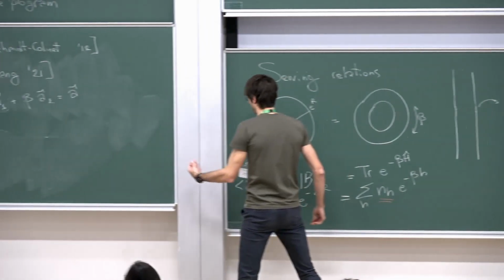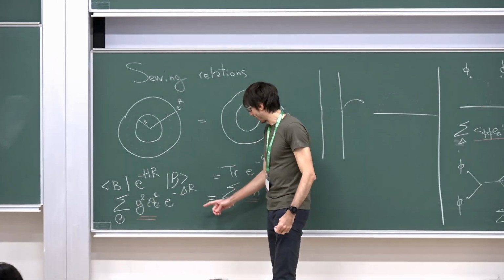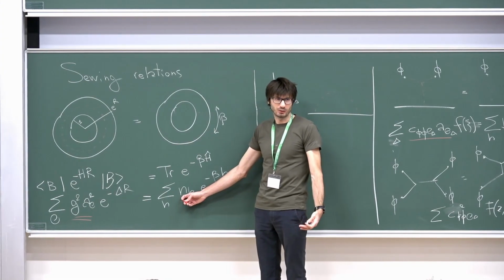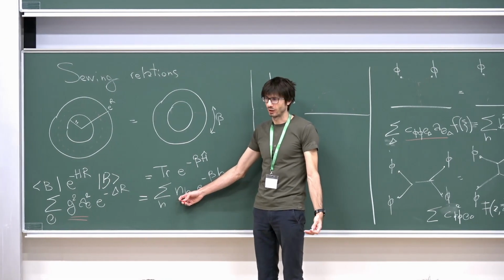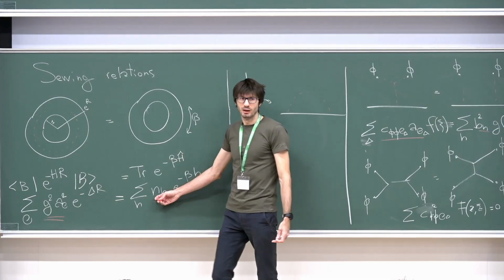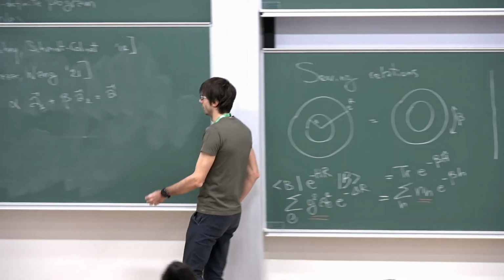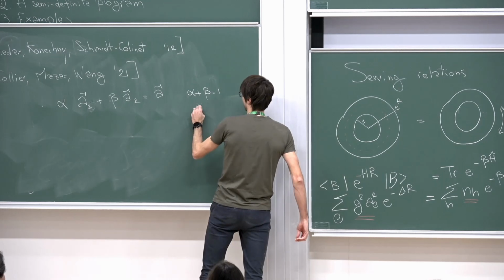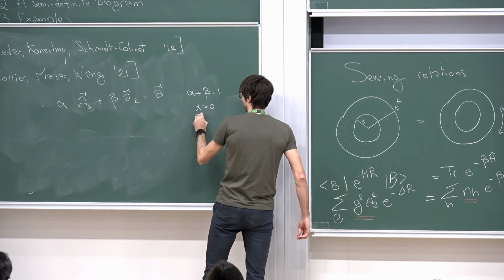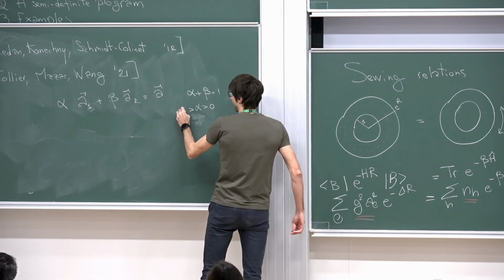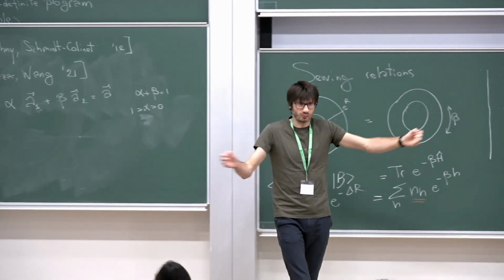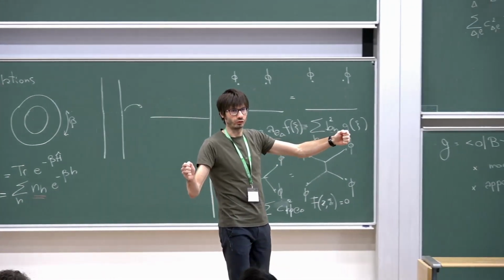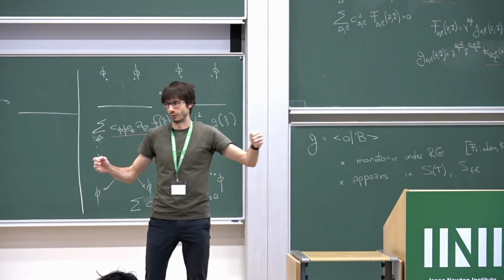Well, alpha and beta are positive, but also I have a normalization. I can just pick boundary conditions which are elementary, which means that there is only one identity, so n of 0 is equal to 1. And then to preserve this condition, I need alpha plus beta equal 1, and then alpha greater than 0, and beta greater than 0, and so therefore less than 1. And so then I precisely have a convex space, right? I can include every segment between two solutions in the space of CFT data and not more.